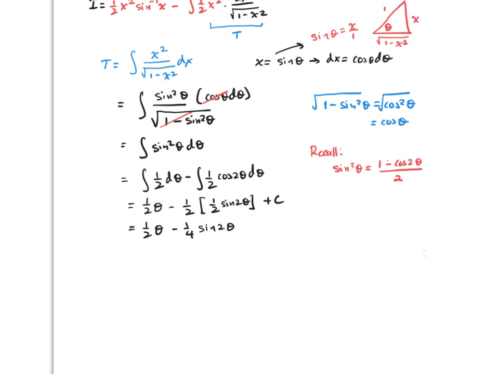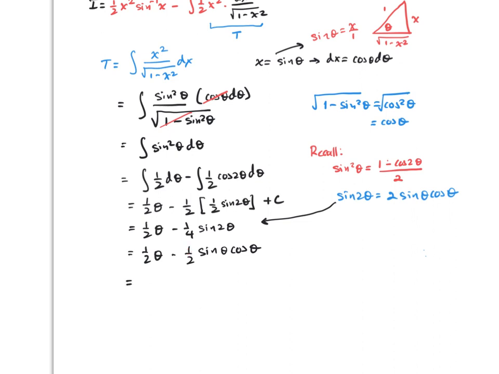From trigonometry, sine 2 theta is the same thing as 2 sine theta cosine theta. So that's another identity. If you apply this here, you end up with 1/2 sine theta cosine theta, since the 2 and the 4 give you 1/2 when you simplify.